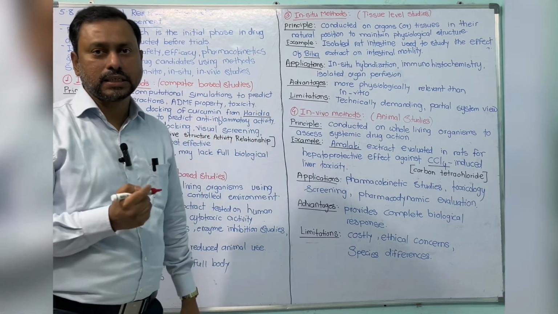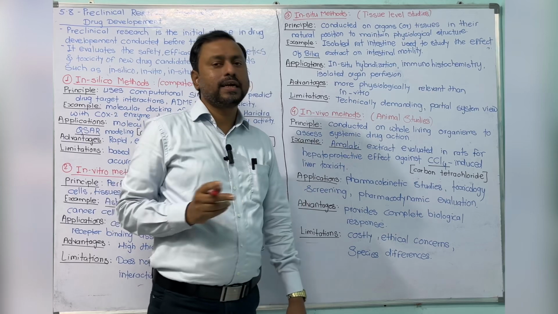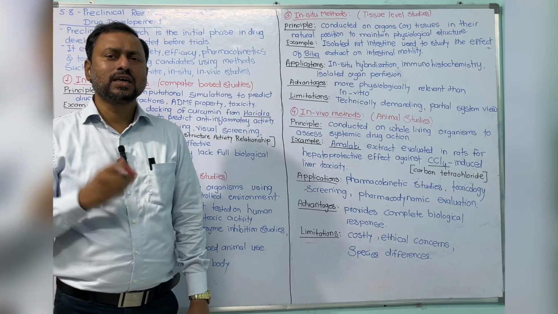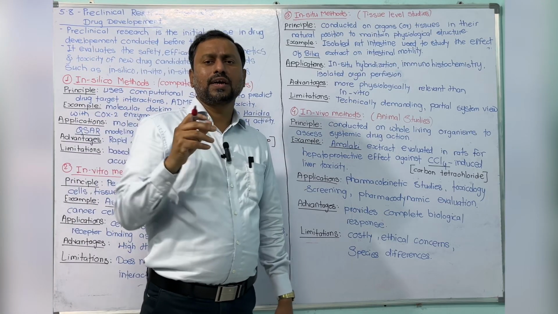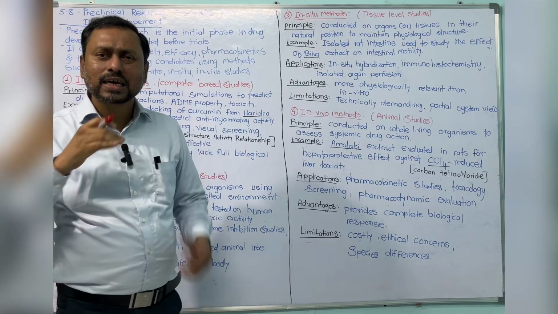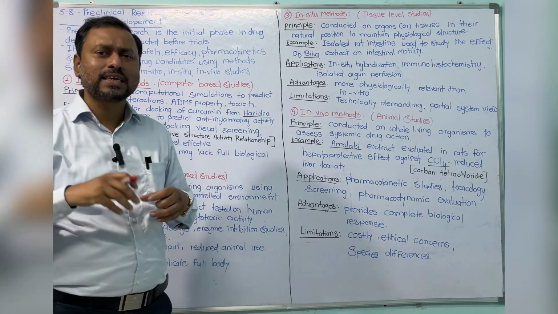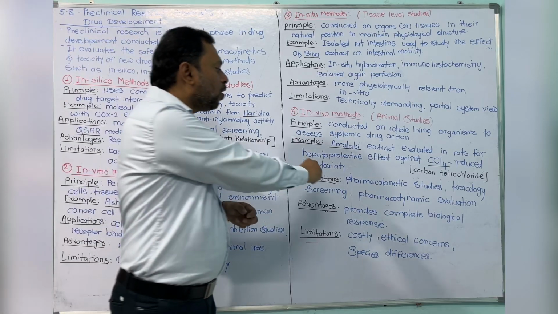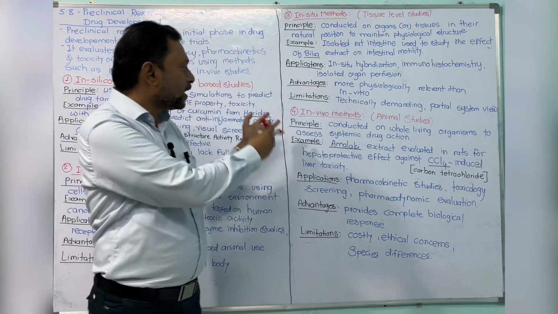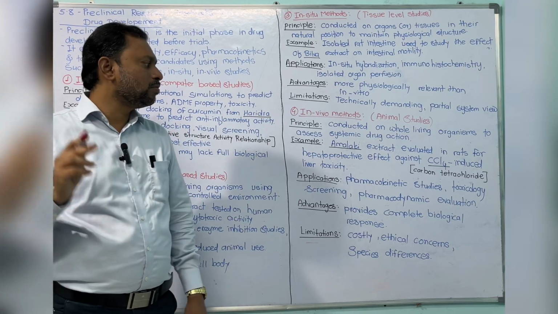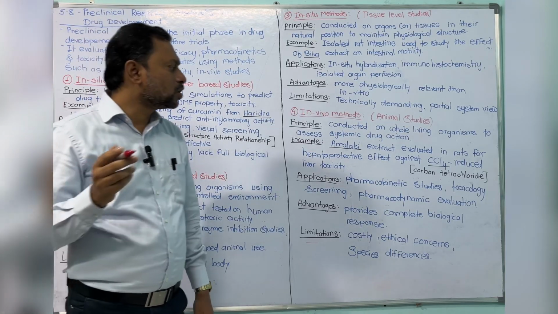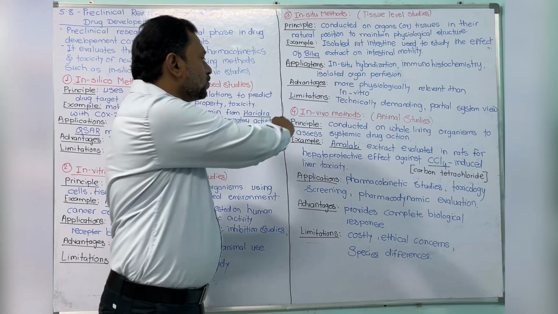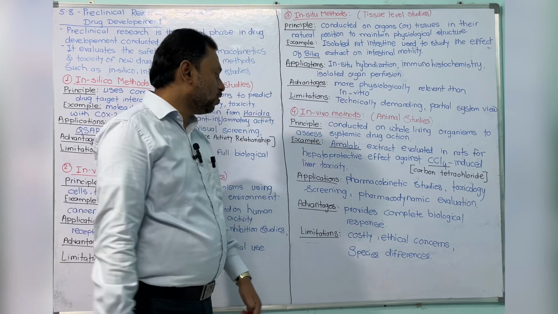Next is the applications. One application is the pharmacokinetic study. Using this method, we can analyze pharmacokinetics, that is ADME: how the drug is absorbed, how it is distributed in our body, how it is metabolized, and how it is excreted. Along with that, toxicology, whether the drug is toxic or not, we can also analyze.